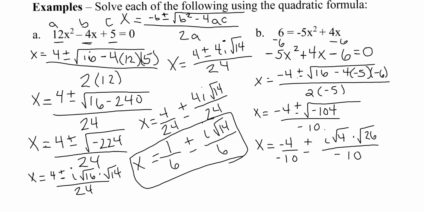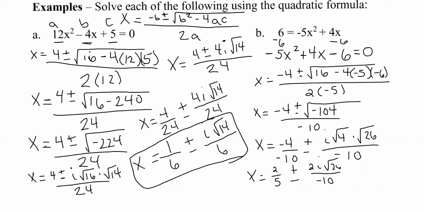And then I'm going to simplify it further. I will get x equals, my negative 4 over negative 10 will simplify to 2/5, and it's going to be positive because we have the two negatives and they make a positive. And then on the other side we'll have plus or minus 2i square root 26 over negative 10.